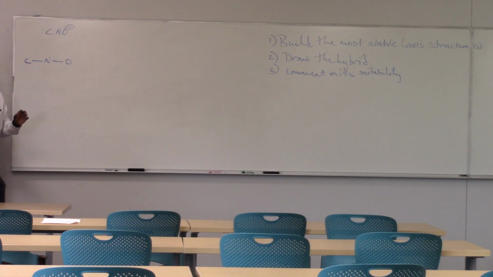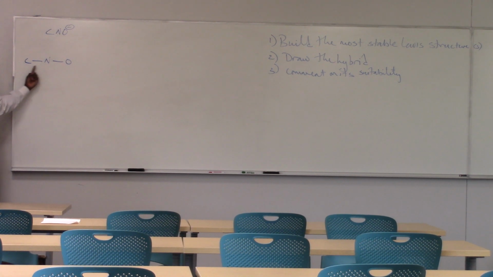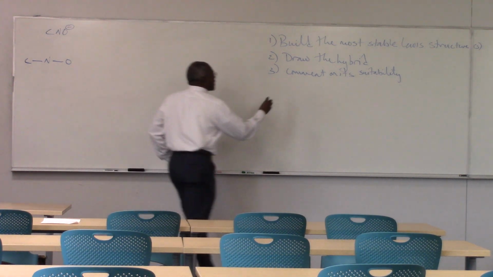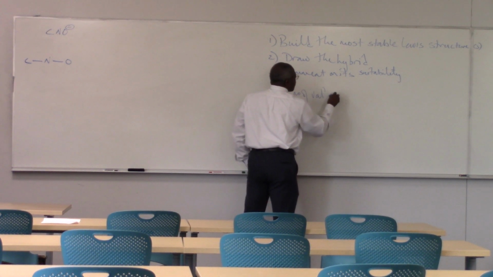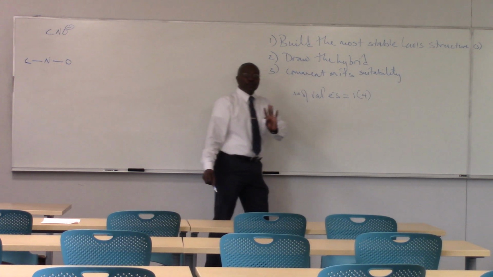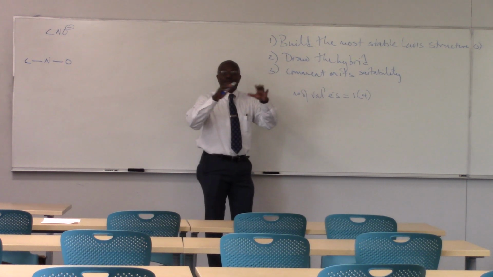Right? So a Lewis structure gives the number and arrangement of all the atoms. But then it also gives the number and arrangement of all the valence electrons. So let's do that. The number of valence electrons is equal to 1 times 4 for the group 4 carbon, because the group number gives the number of valence electrons.